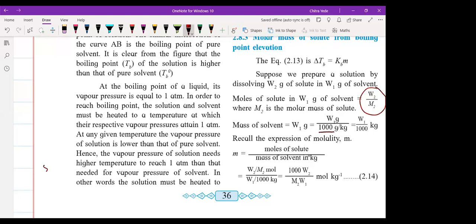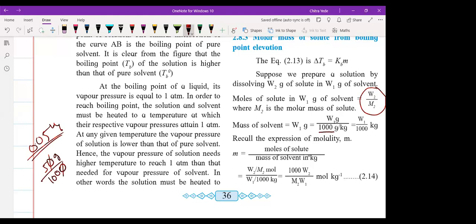Suppose we have 50 gram, so we divide it by 1000, then we get it in kg form, 0.05 kg, like this. Is it or not, everyone?